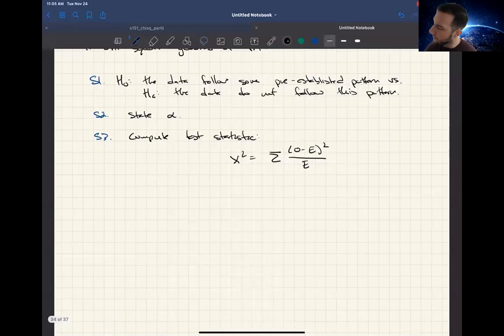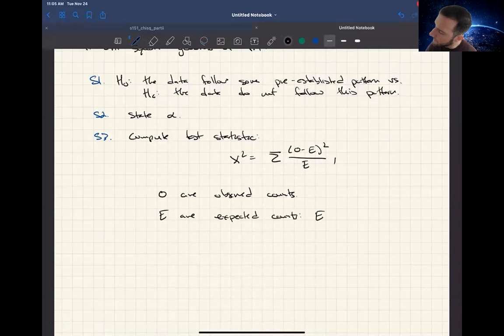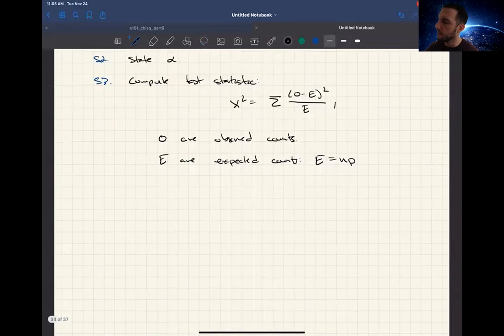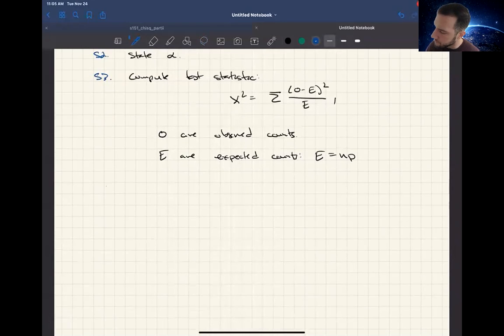O are observed counts, and E are expected counts. And these are given by E is equal to little n times P, where little n is the sample size and P is the probability associated with each of the different outcomes in this pattern that we are looking at. And I'll show examples of this in the illustrations in Rcmdr.